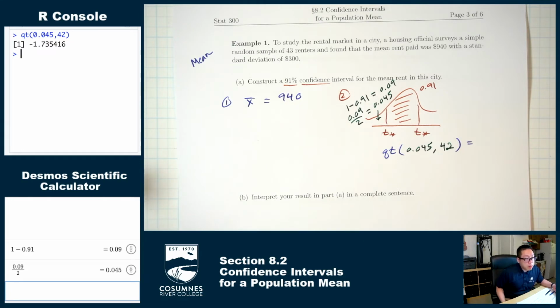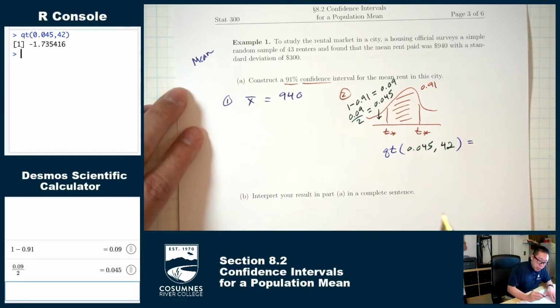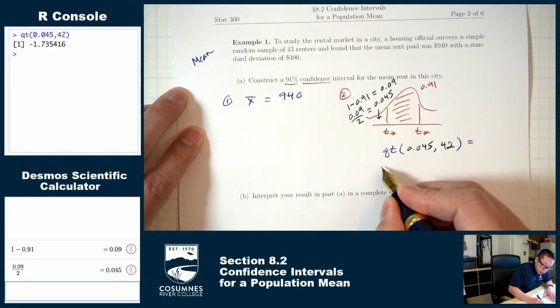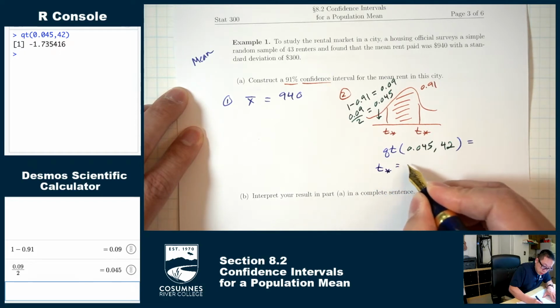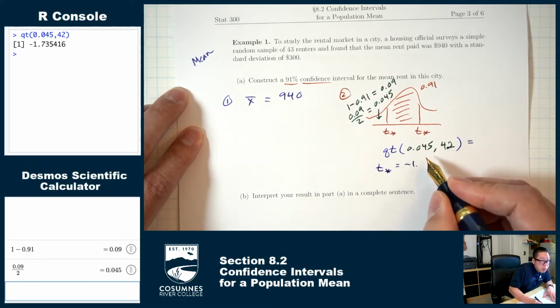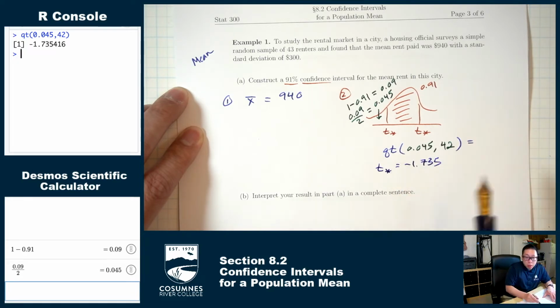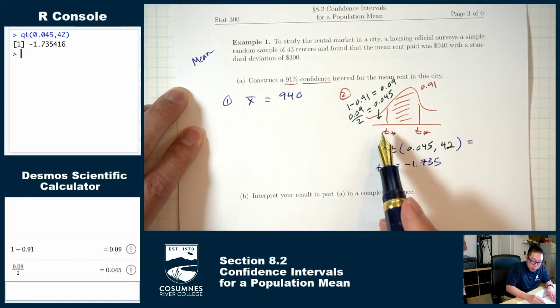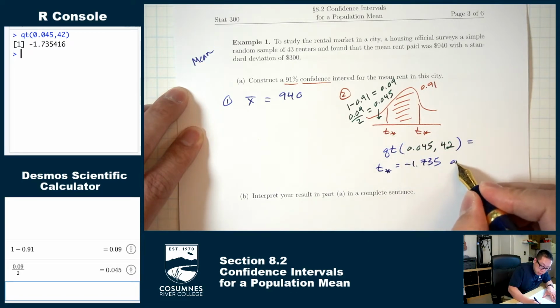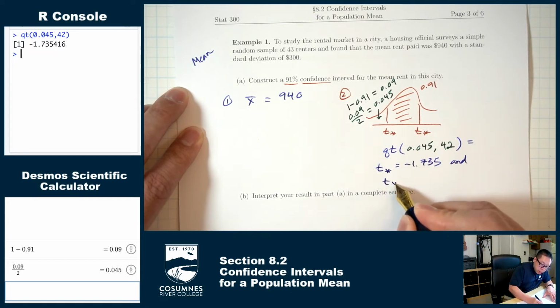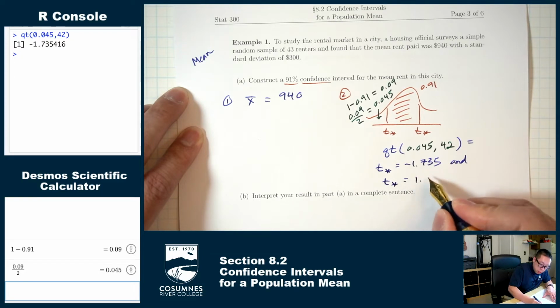Negative 1.735. So that gives us one of the t stars. So one of the t stars is negative 1.735, rounded to 3 decimal places. I expect 2 t stars. So that's the one on the left. The one on the right is going to be positive 1.735.